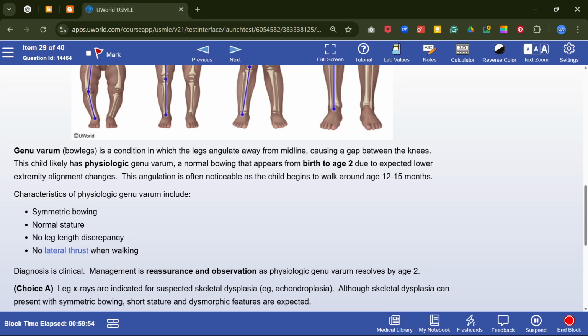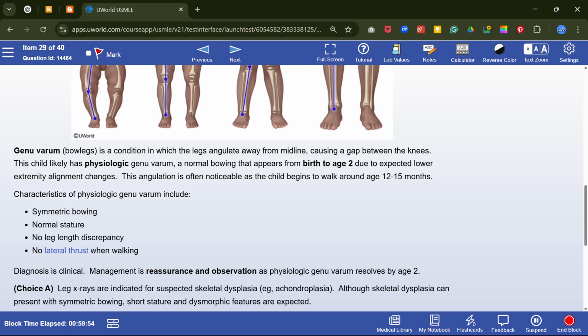Genu varum, which means bow legs, is a condition in which the legs angulate away from the midline, causing a gap between the knees.